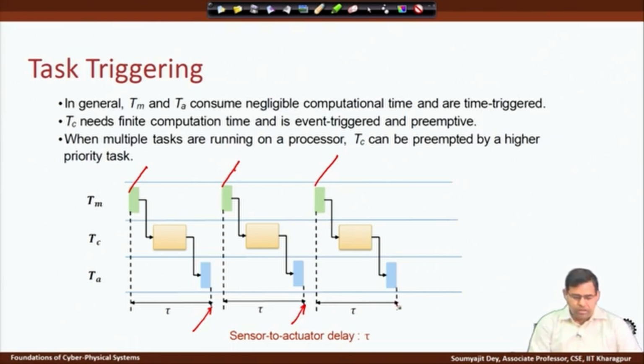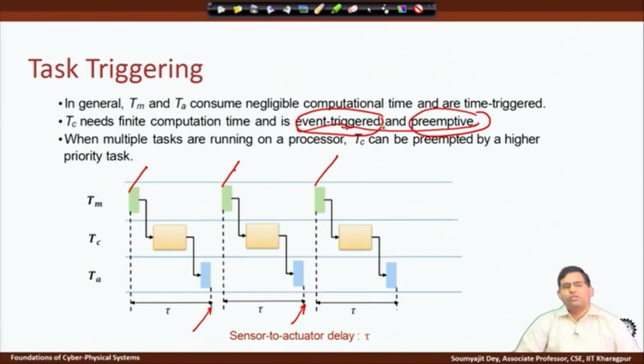Now, this control task TC needs finite computation, and typically it will be implemented with a preemptive scheduler, which can preempt this task in between its execution, provided there is something of higher priority to execute. That is why this is preemptive in many practical cases. We also say this is event triggered, because it may have dependencies on previous stage processing.